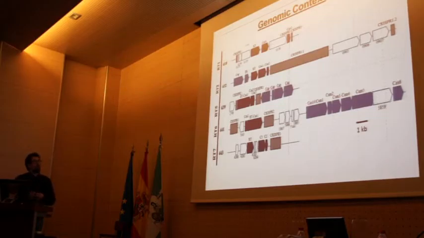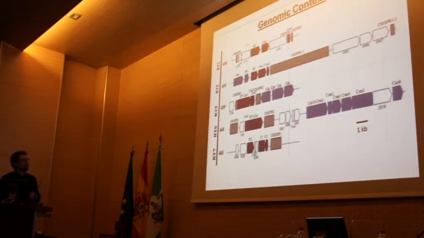The starting point of my thesis is an in silico analysis of the genomic context of these RTs. For this purpose, we analyzed 20 kilobases of the genomic context upstream and downstream of the open reading frame of the RTs, looking for the proteins Cas1 and Cas2. Thus, we can see that in all of the cases we analyzed, there are genes encoding Cas1 and Cas2 proteins.